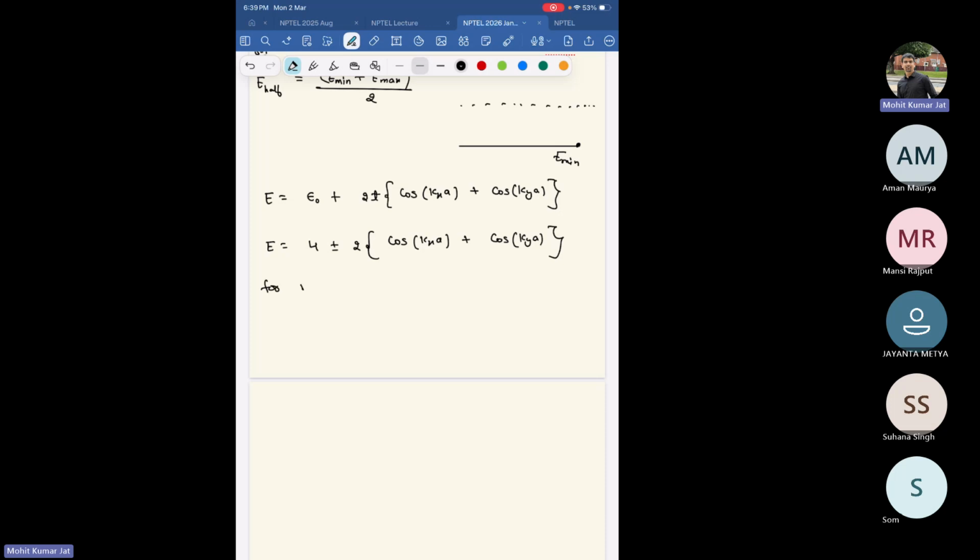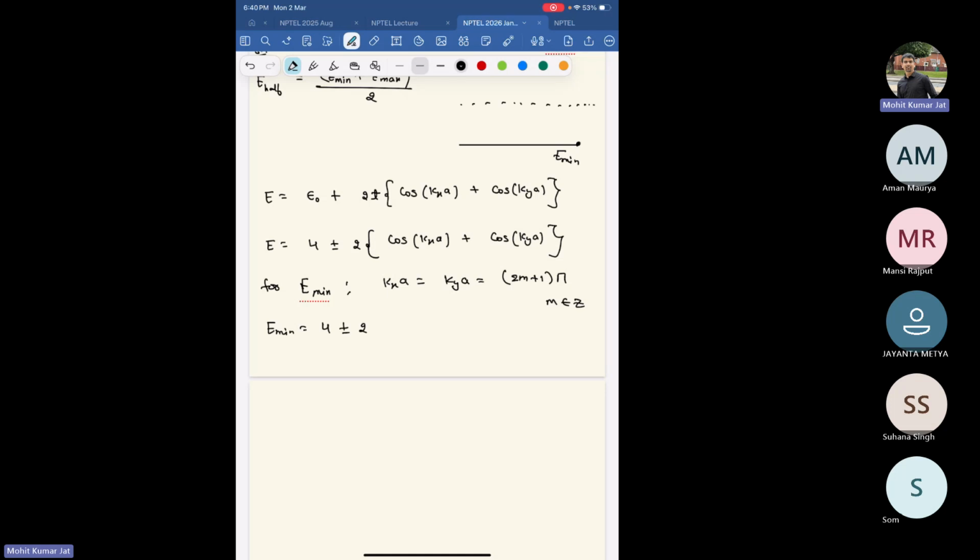For E minimum, kxa is equal to kya is equal to (2m plus 1) pi, where m belongs to integers, and E minimum will be nothing but 4 minus 2 times 2, that will be 0.